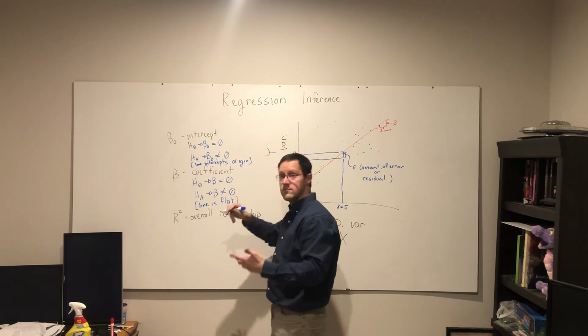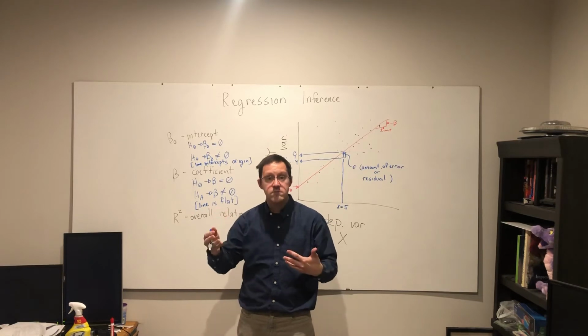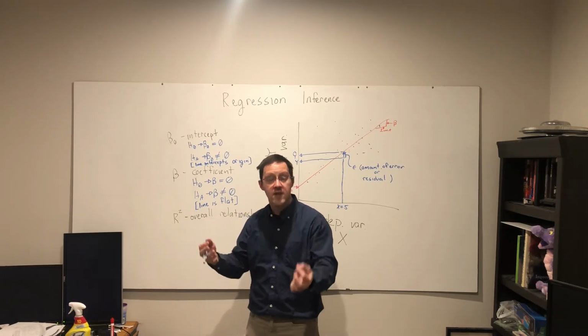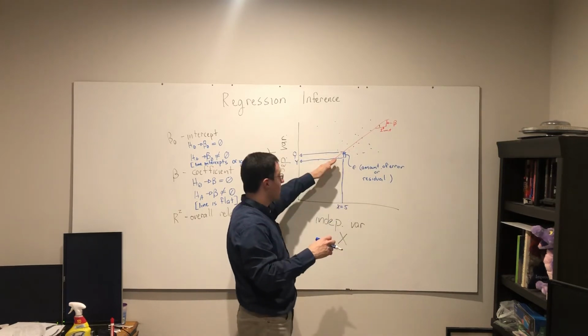The coefficient, it's again the null hypothesis being that the coefficient is 0. Alternative hypothesis that it is not. Okay, remembering this is the slope of the regression line here.